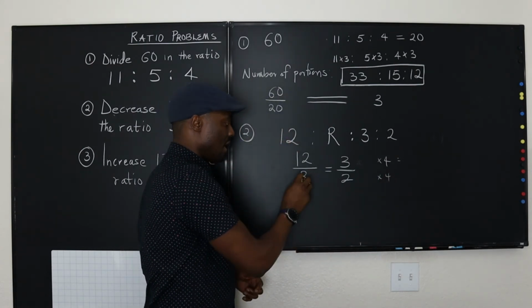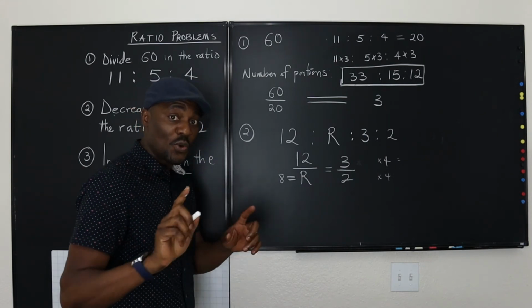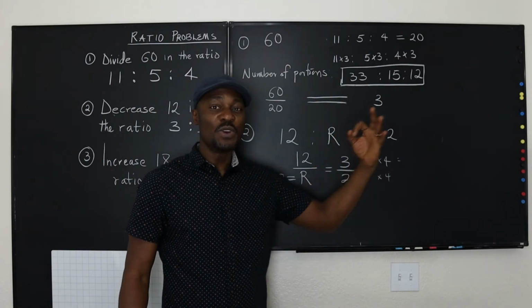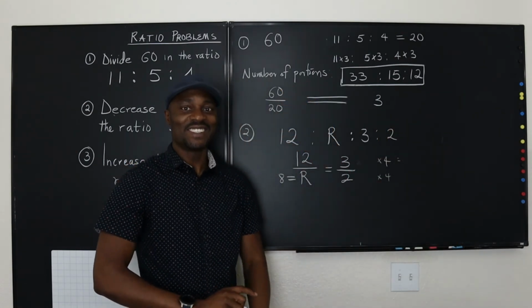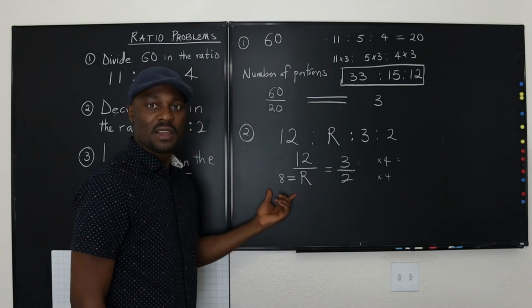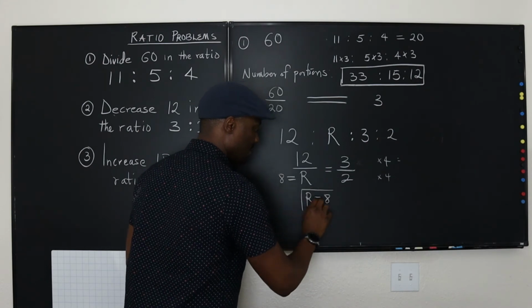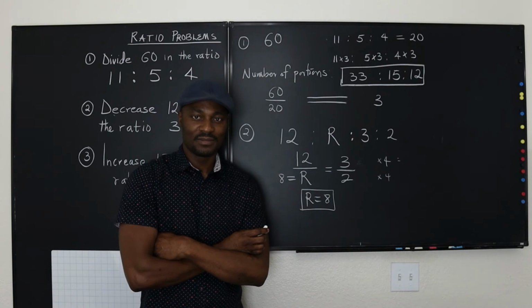It means your R equals 8. So when you decrease 12 in the ratio 3 to 2, the new number you get is 8. That's it. That's your answer. R equals 8. There's nothing more to do.